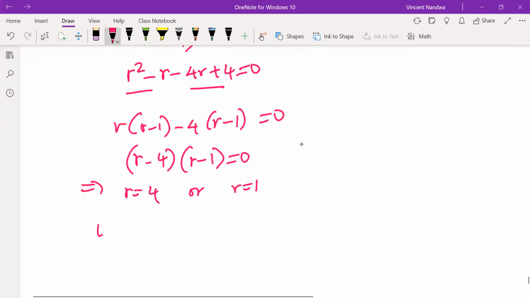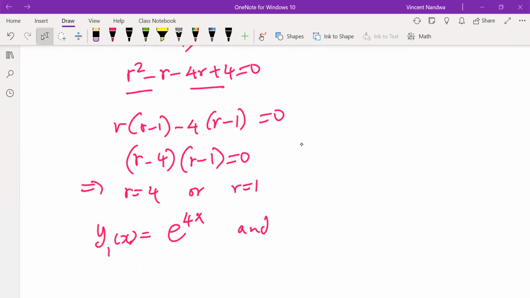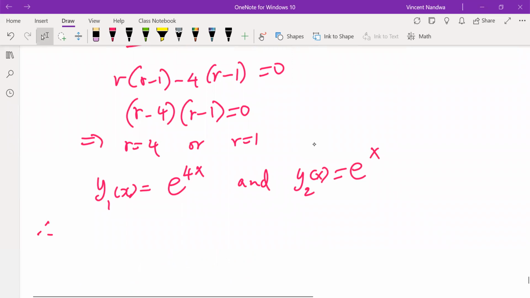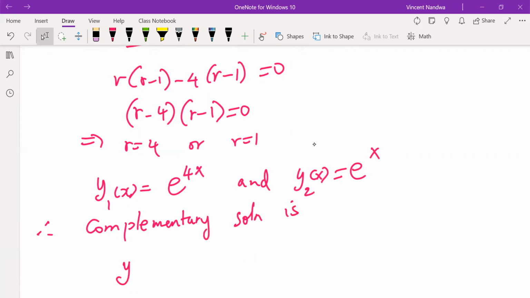So y1 is e raised to power 4x, and y2 is e raised to power just x, or 1x. So therefore, the complementary or homogeneous solution is given by yc equals c1 y1 plus c2 y2.